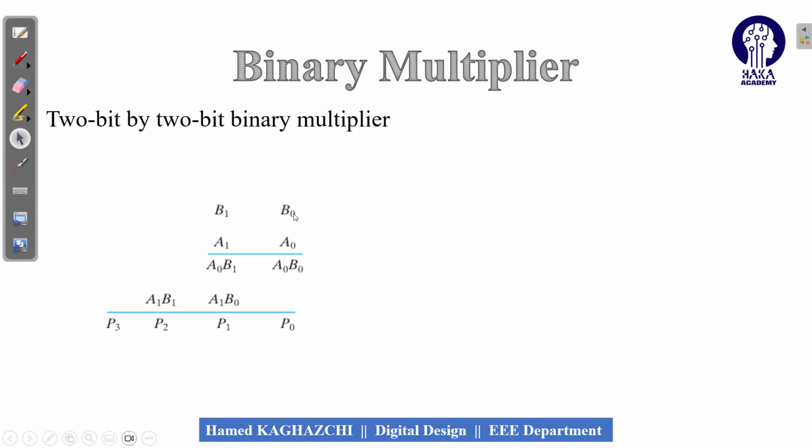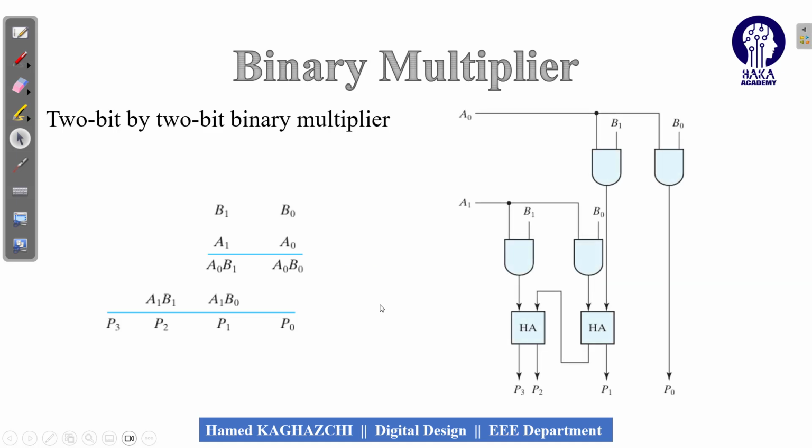Now you can see that for b0 and a0 we have an AND gate, and we have AND here, and here, and here. Then we have the addition of the 2 bits.